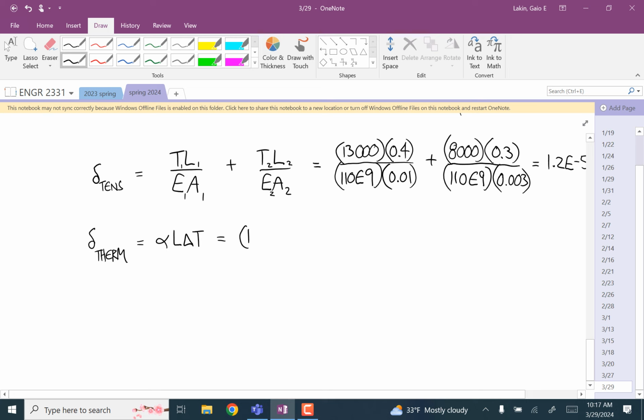So we were given 1 times 10 to the minus 5 as the coefficient of thermal expansion. The total length is 0.7. The temperature increases 100 degrees, so this delta T is positive. And so you get a value of 7.0 times 10 to the minus 4 meters, or 70 times 10 to the minus 5.